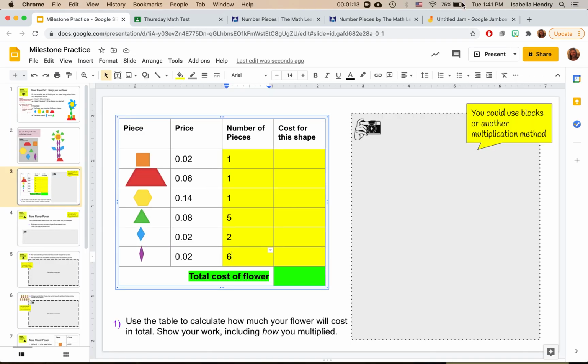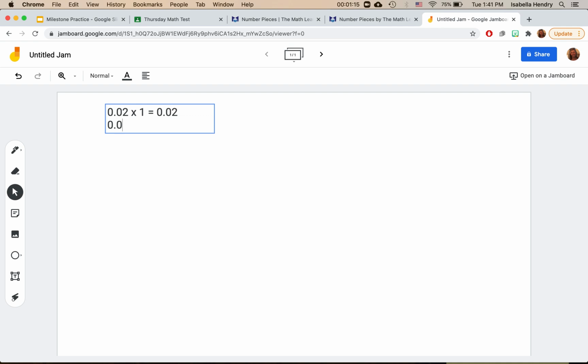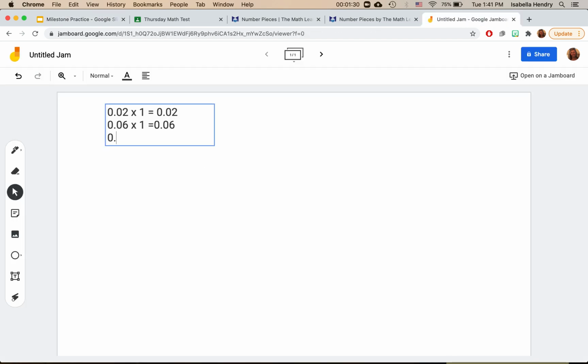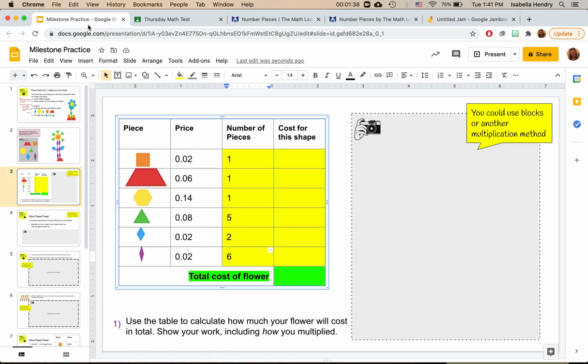Next one, 6/100 times 1. The next one is 14/100 times 1. As I said, if it's times 1, you don't really have to show your work.